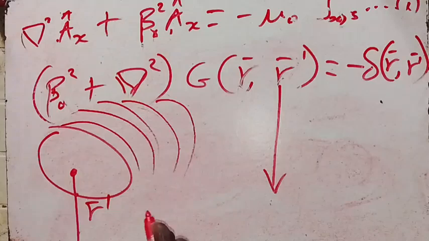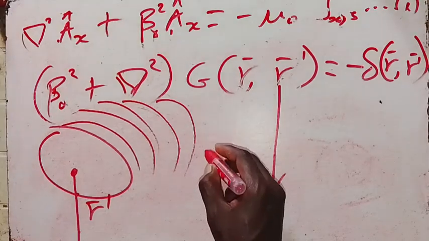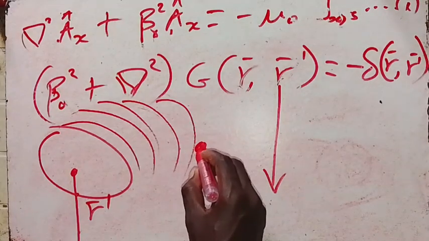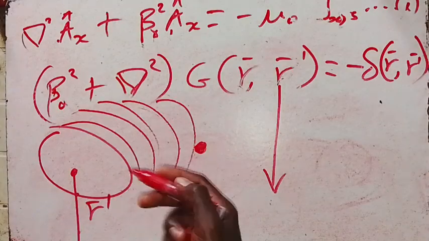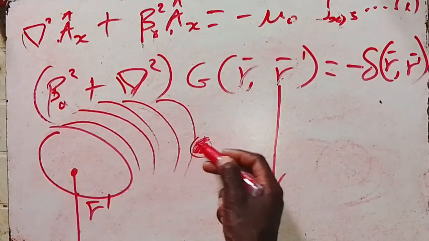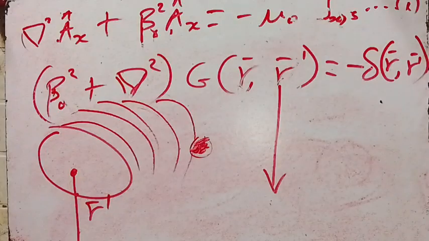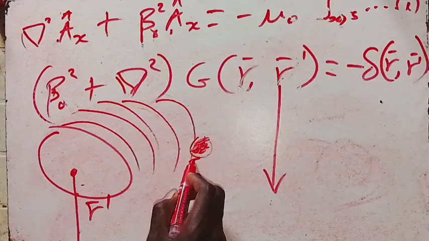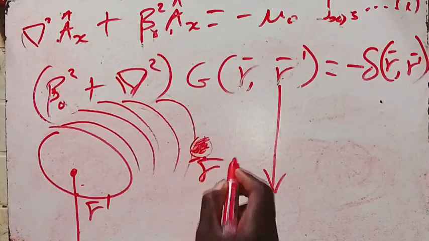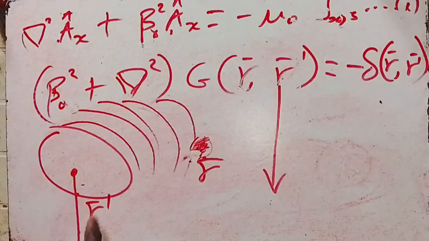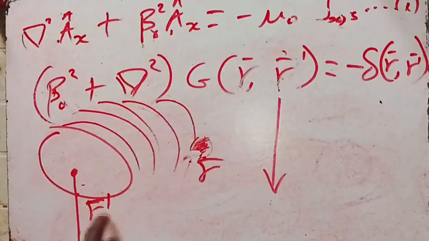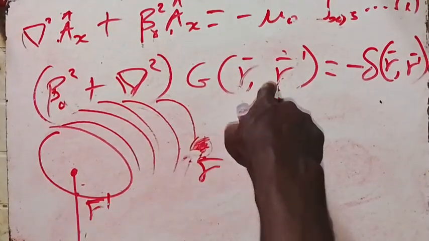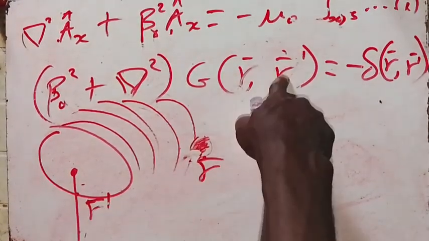Then if you are observing the antenna from a particular distance, what will be the effect of the antenna at this distance away? At this point is R bar, and at this point is R bar prime. So R bar prime is the source, where we are getting that electromagnetic wave from.